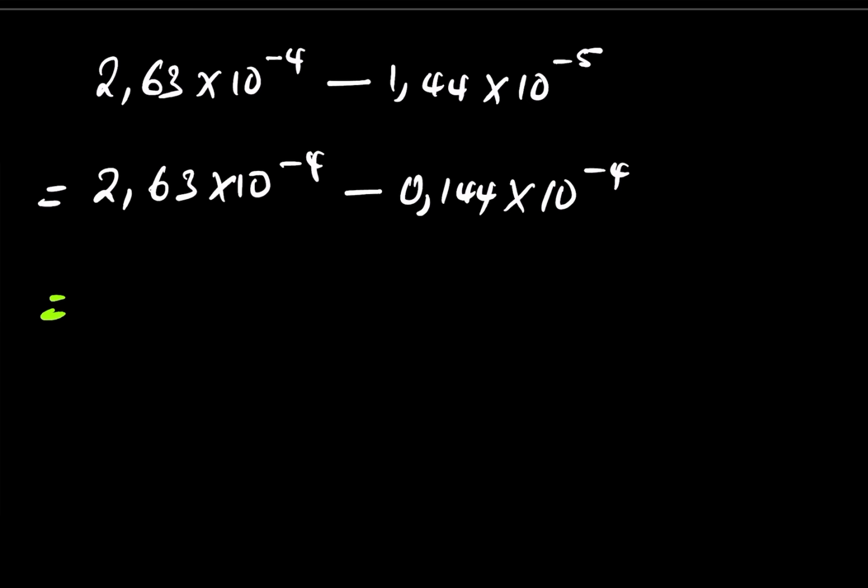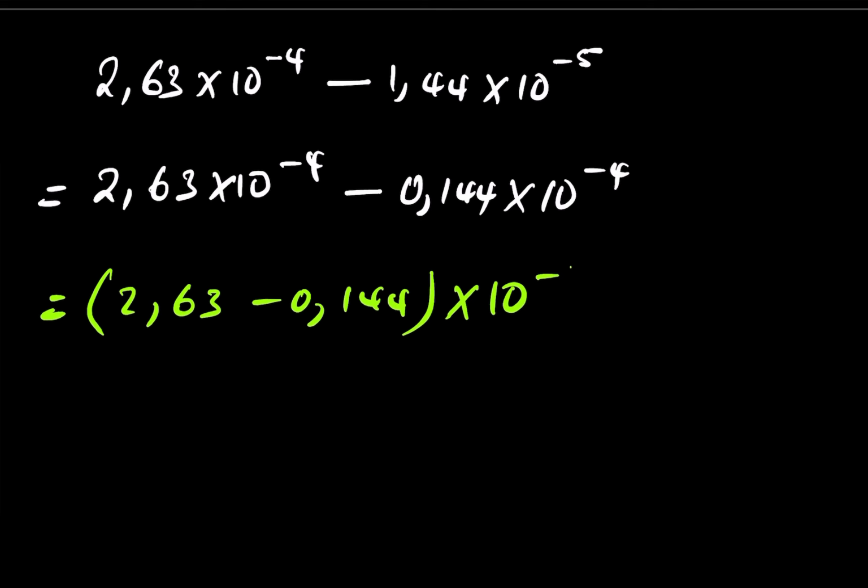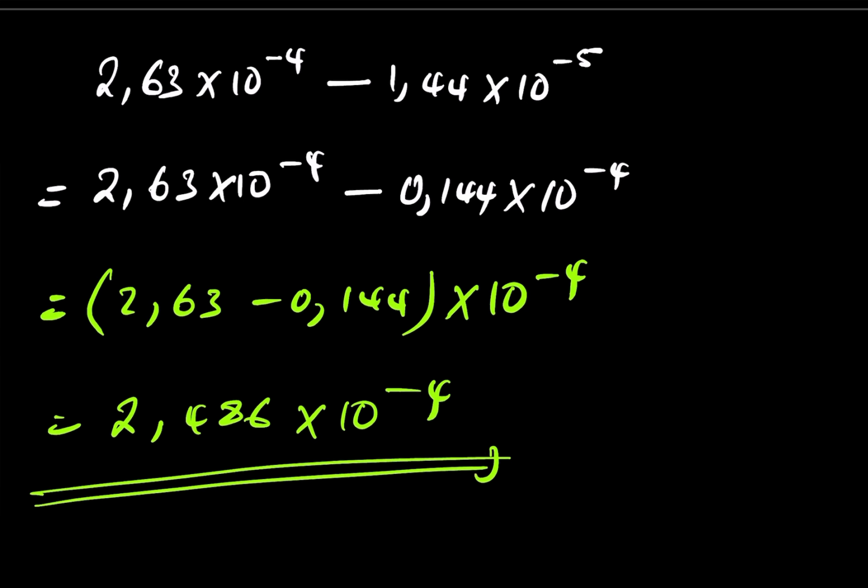Well, you need to now subtract their coefficient, which is 2,63 minus 0,144 multiplied by 10 to the power negative 4. Let's do that. So you guys get 2,486 multiplied by 10 to the power negative 4. And then that is the answer here.